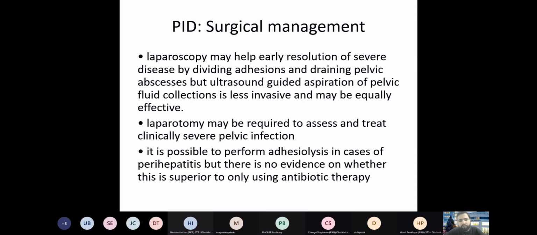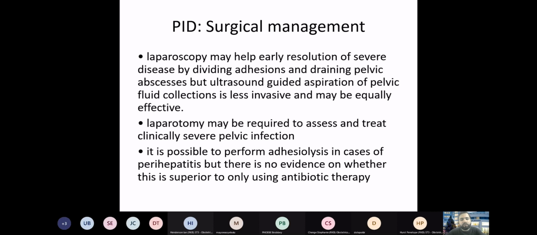Laparotomy may be required to assess and treat clinically severe pelvic infections, and it is possible to perform adhesiolysis in cases of perihepatitis and Fitz-Hugh-Curtis syndrome, but there is no evidence whether this is superior to using antibiotic therapy alone.